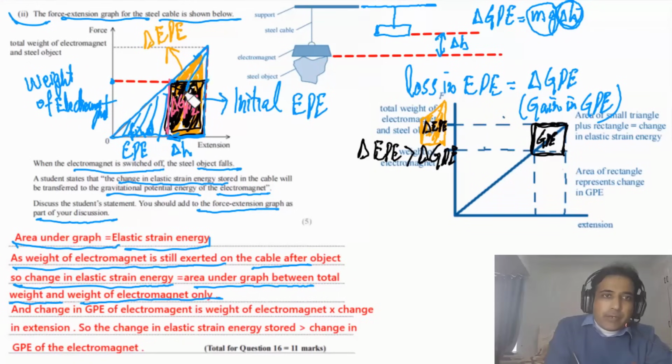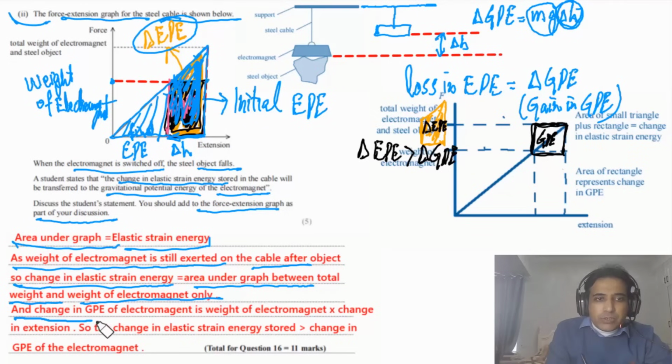This is the change in EPE we have already discussed, and the change in GPE of the electromagnet is the weight of the electromagnet times the change in extension, as we discussed here.